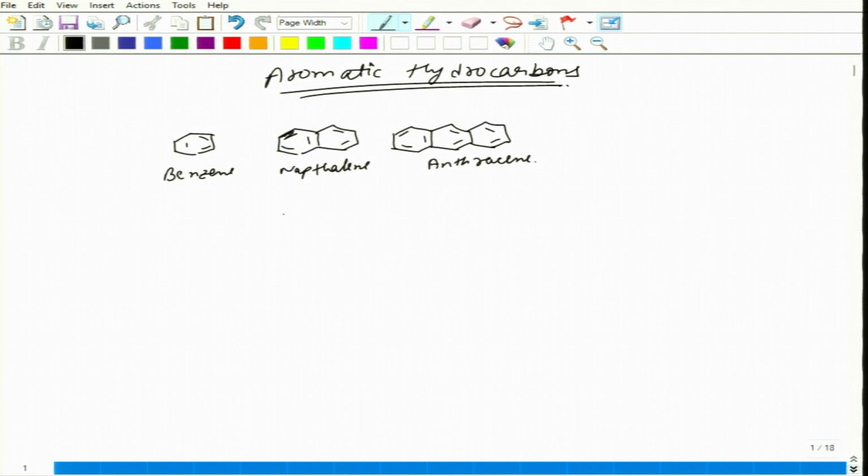For example, one more is there, like this, called biphenyl.